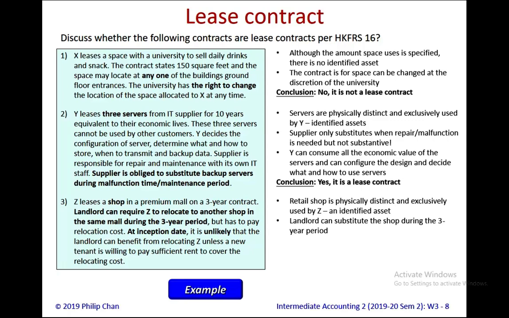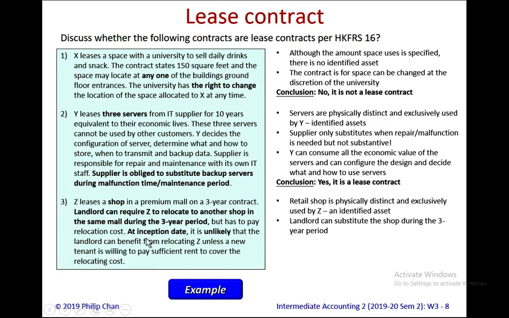Now, at the inception date of the contract, the date when the 2 parties sign the contract, it is unlikely that the landlord can benefit from relocating Z unless a new tenant is willing to pay sufficient rent to cover the relocation costs.